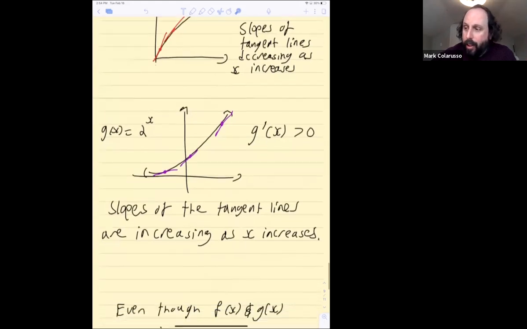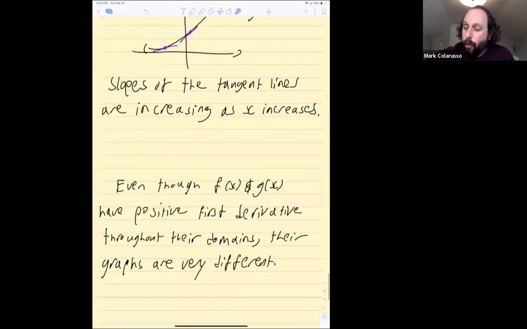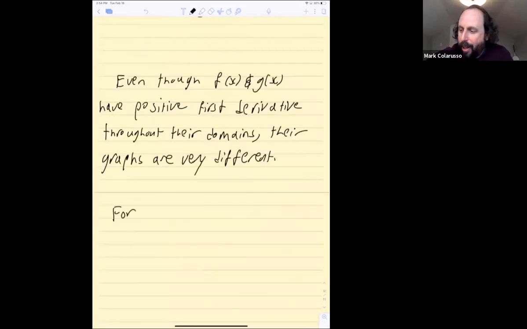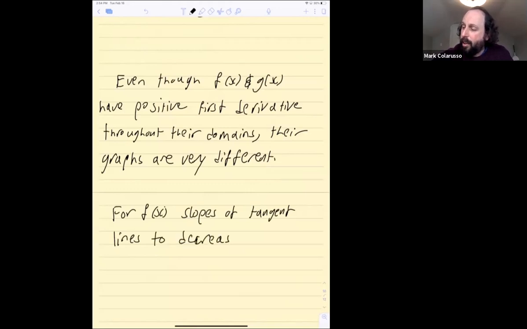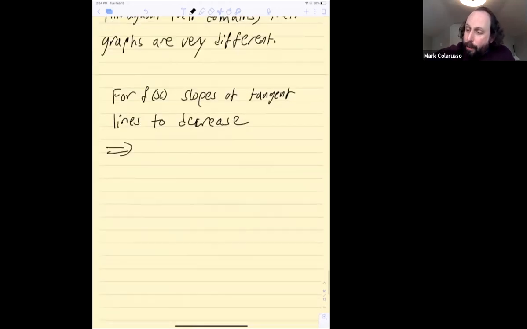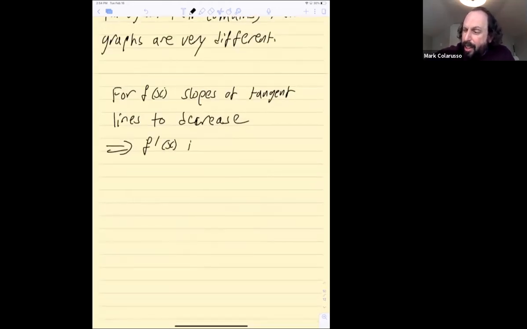So let me write that down. Unfortunately, I can't put that on the same page. For f at x, slopes of tangent lines decrease. So that implies f prime at x is a decreasing function.